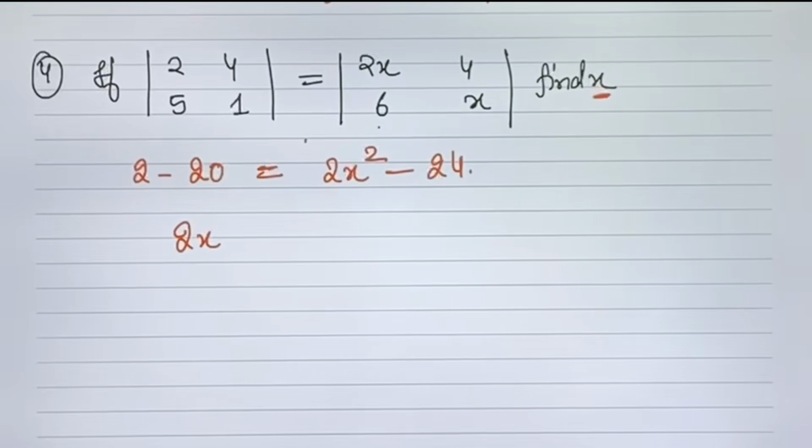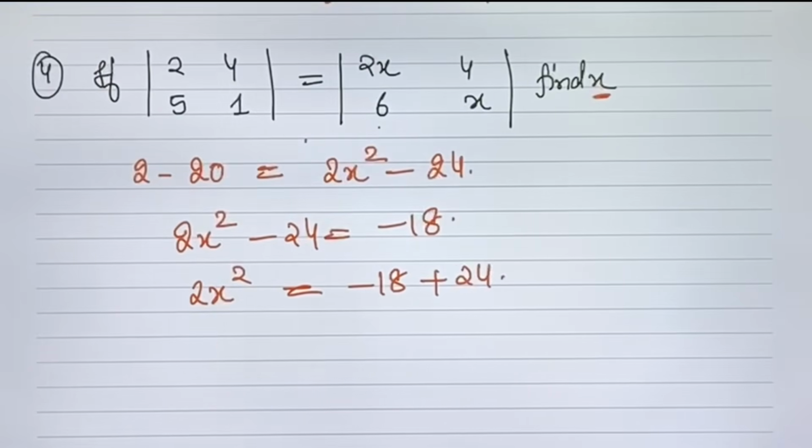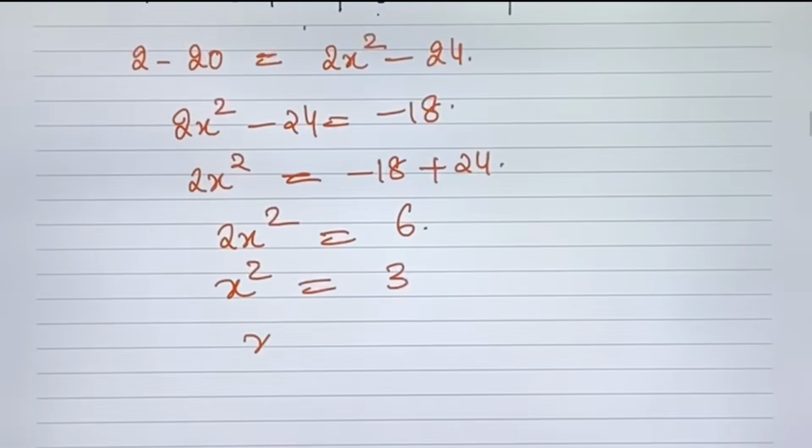Now, 2x square minus 24, it becomes minus 18. 2x square is equal to minus 18 plus 24. 2x square is equal to 24 minus 18, which is 6. X square is equal to 3 and x is equal to plus minus root 3. Question done. Understood, everyone?